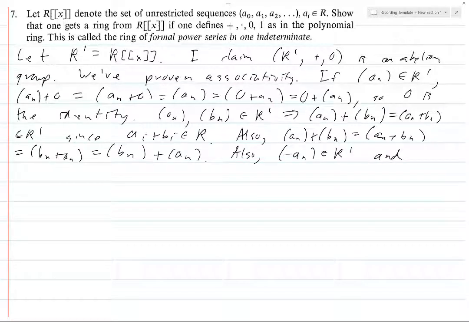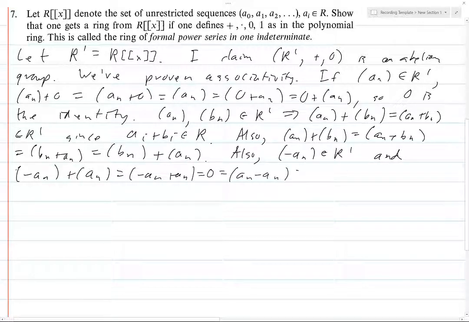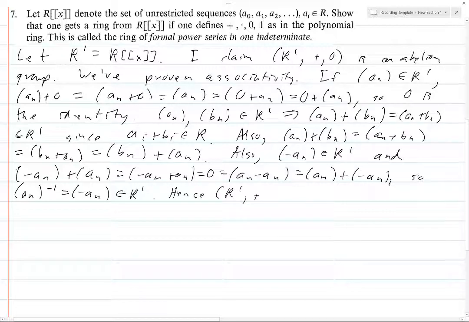So negative an plus an equals an plus negative an equals 0. So an inverse is minus an, which is clearly in r prime. Hence, r prime plus 0 is an abelian group.